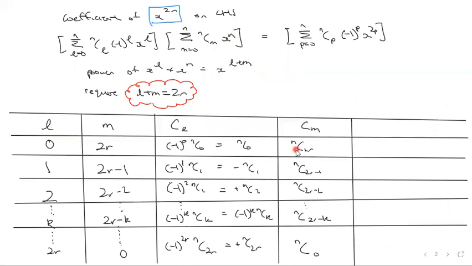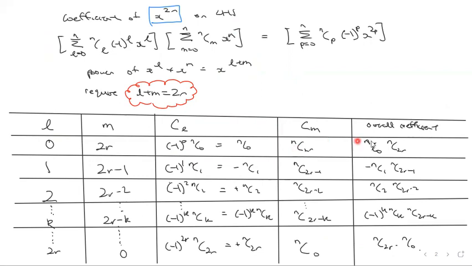So you're going to get NC0 NC2R, minus NC1 NC2R minus 1, NC2 NC2R minus 2, -1 to the K NCK NC2R minus K, NC2R times NC0. So this is your overall coefficient of each term.